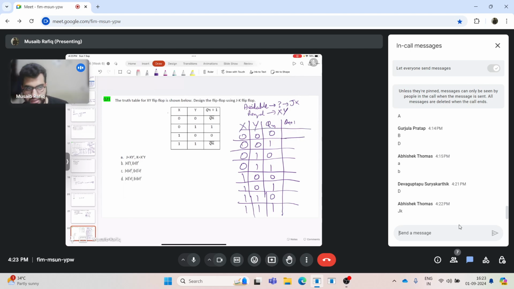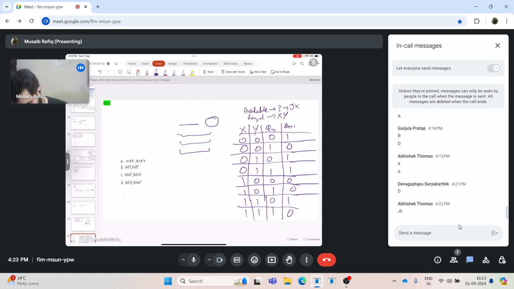So when X equal to 0, Y equal to 0, my output toggles, so it will be 1 0. When it's 0 1, it's 1. When it's 1 0, it's 0. And when it's 1 1, it again toggles, so it will be 1 0. In this way we are able to construct the characteristic table.